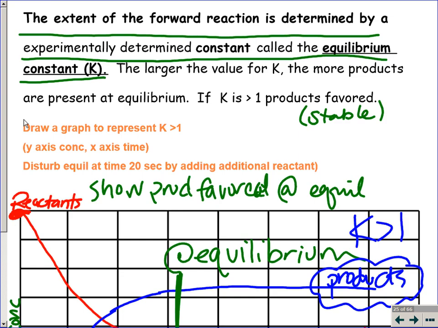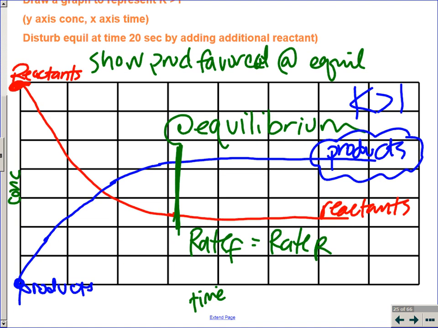So this one, really, if I give you a graph, what I would expect from you guys is to identify in the lines who's reactants and who's products. It would tell you through a label, like, I'm reactants and I'm products, like we did here. So once you see where equilibrium exists, which is the flat lines, I want you guys to be able to say, okay, products are on top. If products are on top, what do we know about K? Greater than 1.